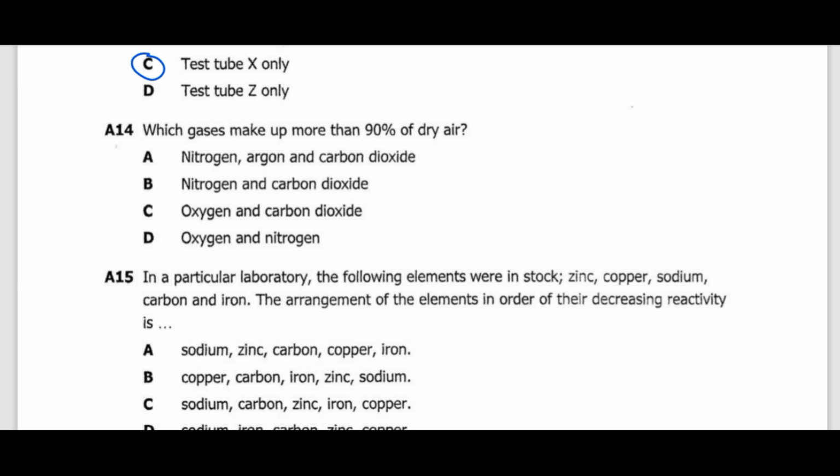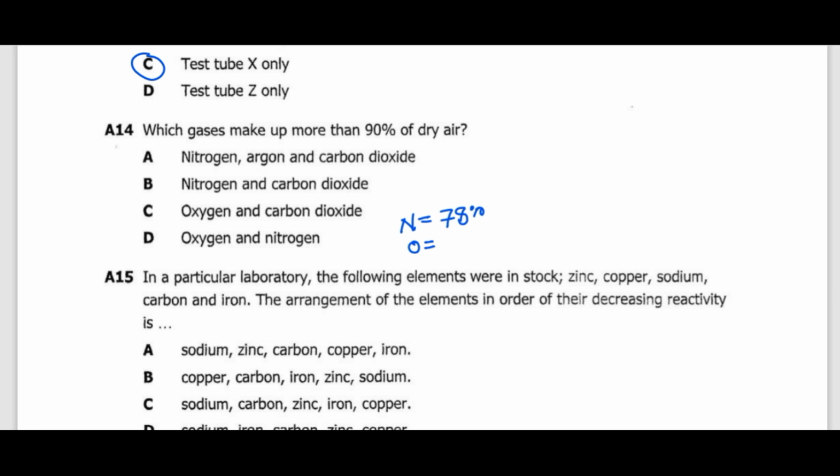So A, nitrogen, argon and carbon dioxide. B, nitrogen and carbon dioxide. C, oxygen and carbon dioxide. D, oxygen and nitrogen. So let's look at the percentage for nitrogen. It depends on the textbook. In some books you may find nitrogen to be 70-80%.